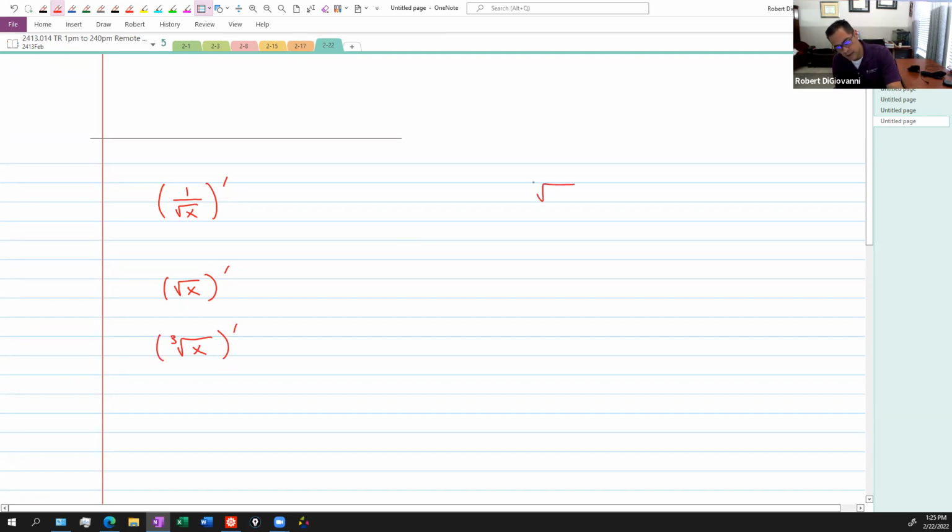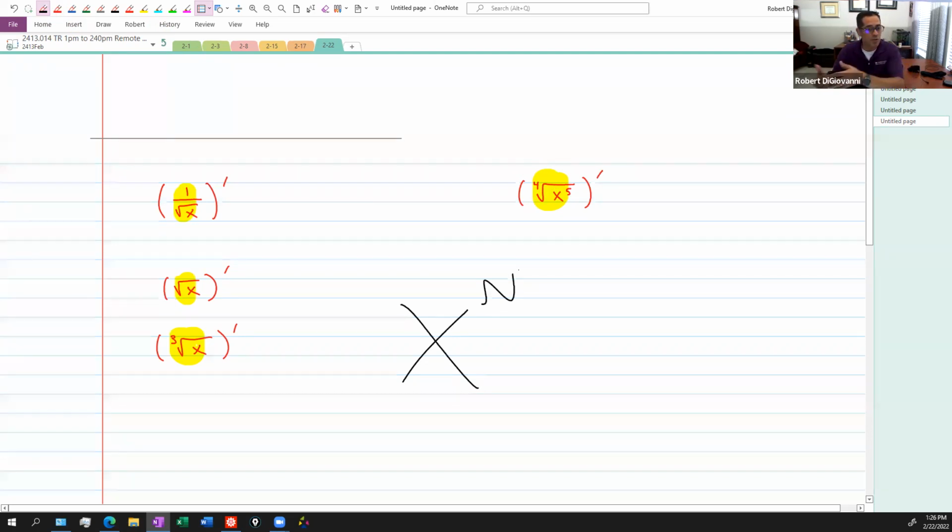What about the fourth root of x to the fifth, what's its derivative? Why don't you try those on your own? All of those can be rewritten as x to some power. And once you get it rewritten as x to a power, just use your power rule.